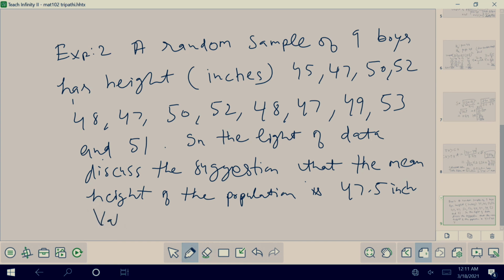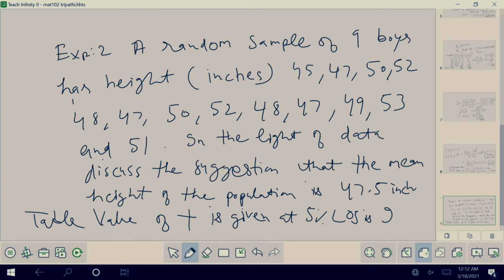Table value of t is given at 5% level of significance, value is 2.306. Okay, this is the question, right?